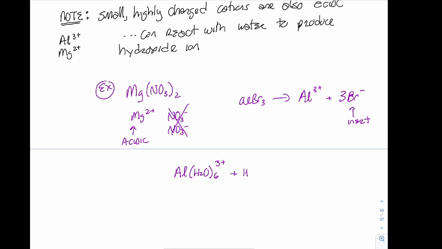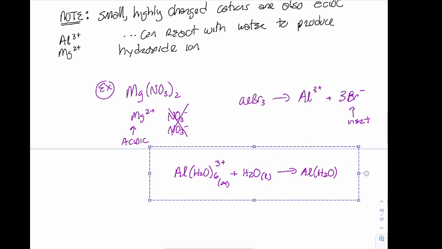And then I could have another water molecule. This is aqueous. And that forms, this is kind of messy looking, I'm going to have 5 waters. Let's move this over because I'm going to run out of room.